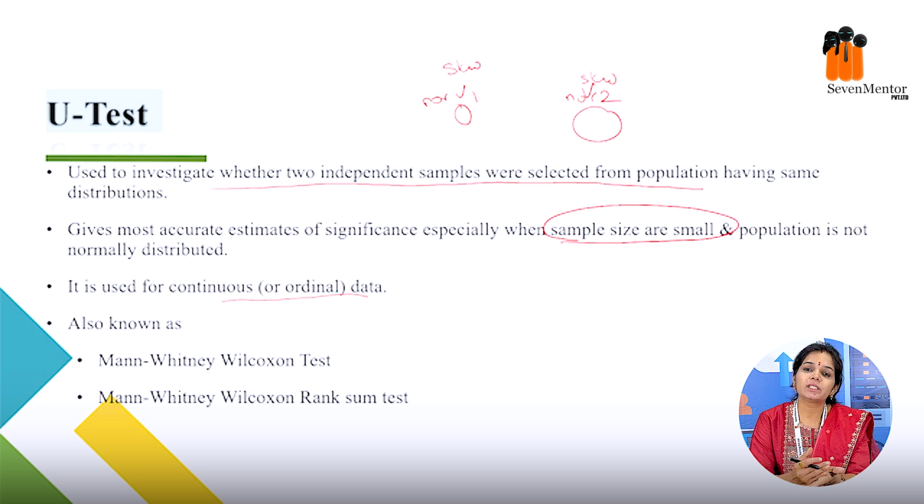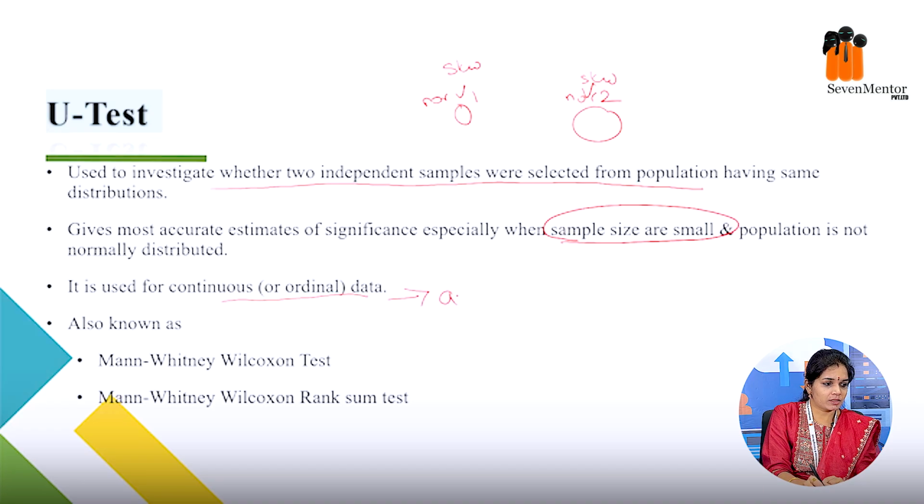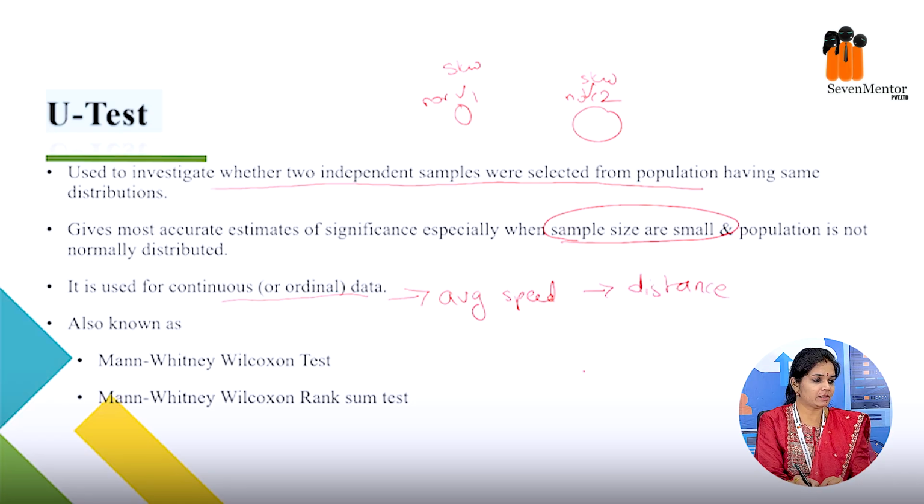These two are continuous values, so to conduct a test we can use the U-test here. The example we just discussed is average speed with distance. It is also known as the Mann-Whitney-Wilcoxon test, the Wilcoxon rank sum test.